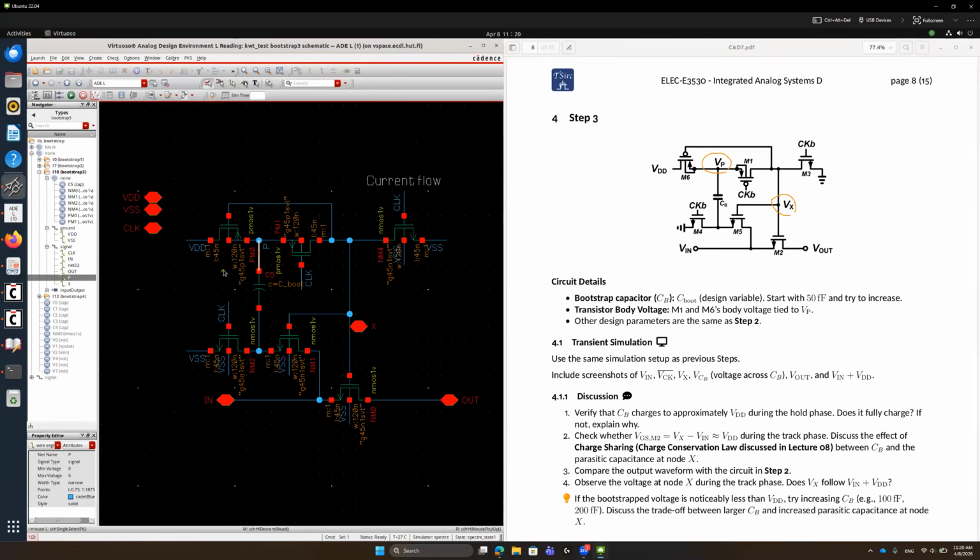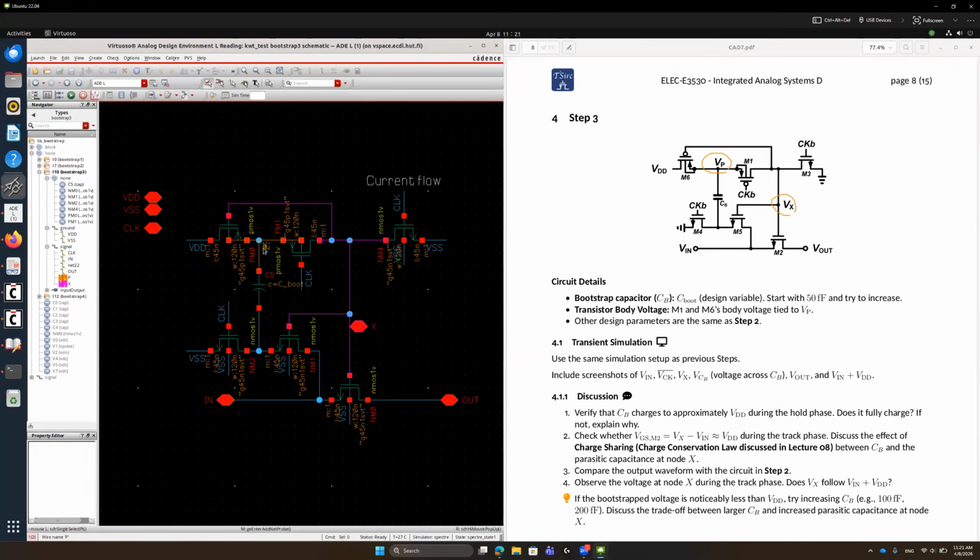So let me highlight VP. You can press the number 9 button to highlight specific nodes. And let me highlight a different color. Okay, this is good.